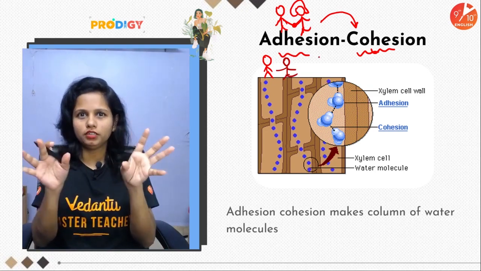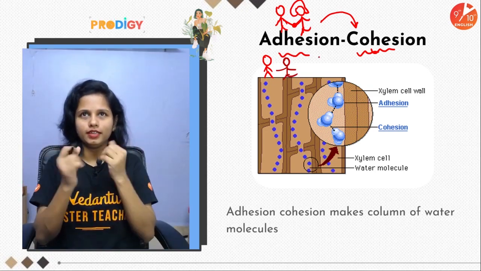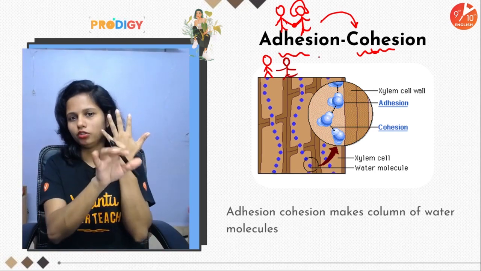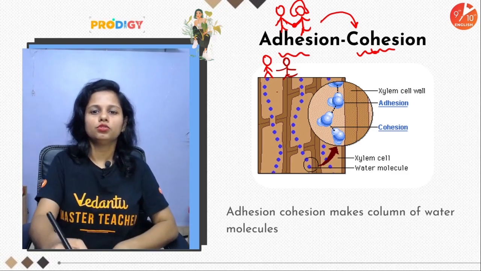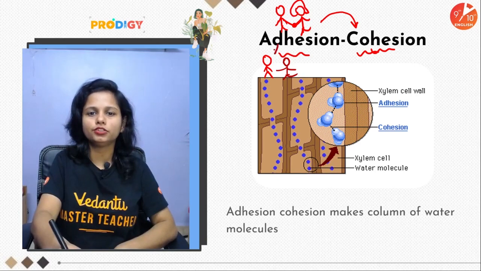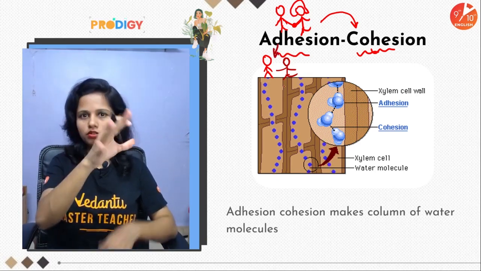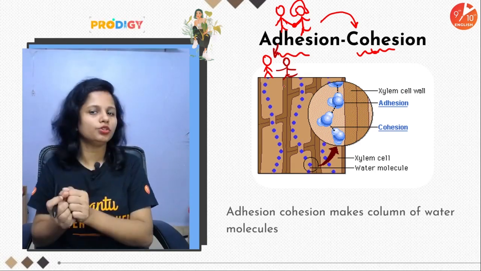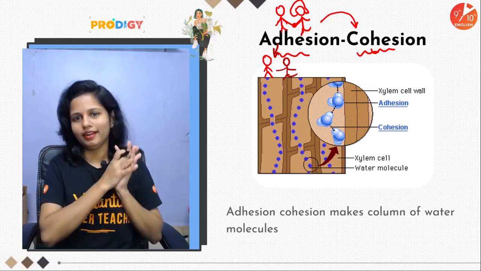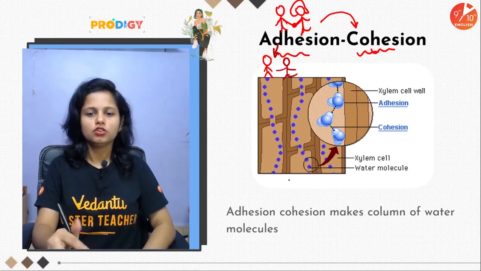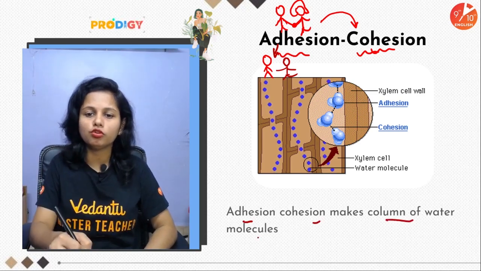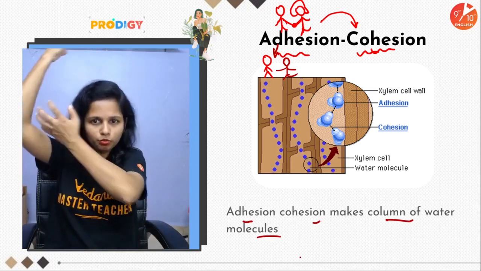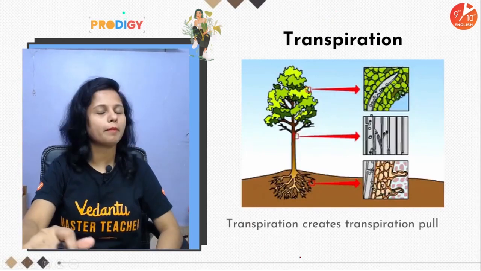So these are two different molecules, like if the cell wall is attracting the water molecule, two different stuffs. That's what we call adhesion. Similar molecules attracting each other is cohesion. Different molecules attracting each other is adhesion. So adhesion and cohesion make the column of water molecules be pulled upwards, the ascent of sap.